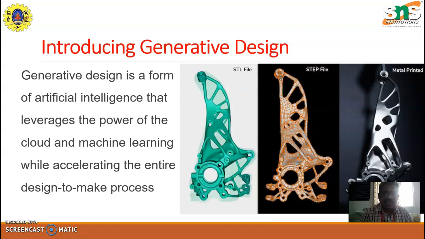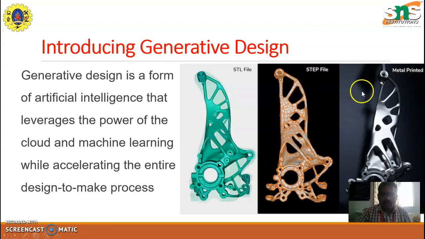This is a new kind of help that comes from the software or the artificial intelligence that leverages the power of cloud and machine learning, and it makes the design-to-make process much simpler.